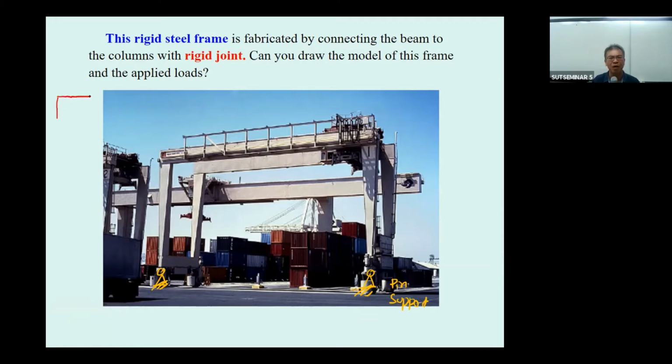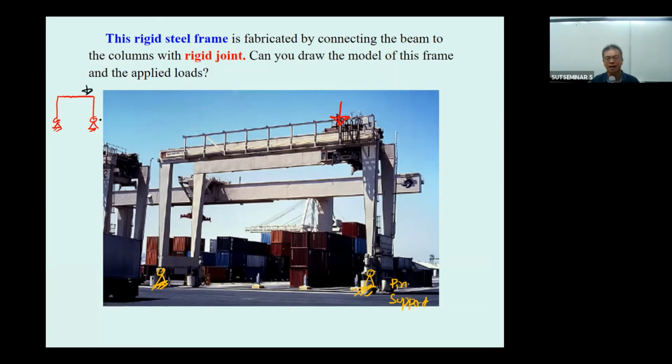So now our structure will have the pin support, and then if you consider, for example, the point load due to the crane machine over here, you may put the point load like this.